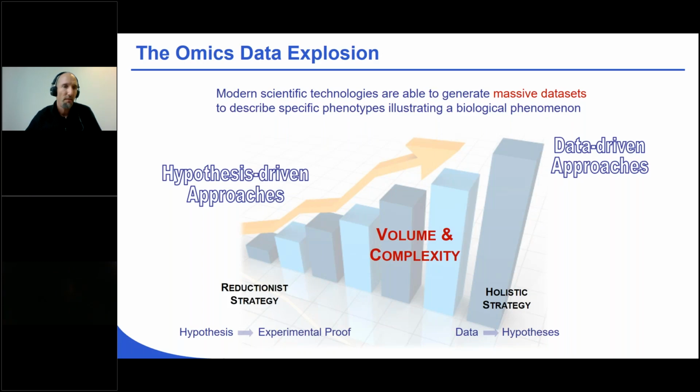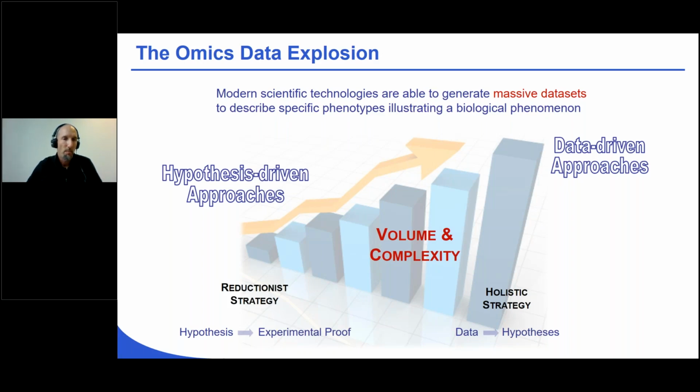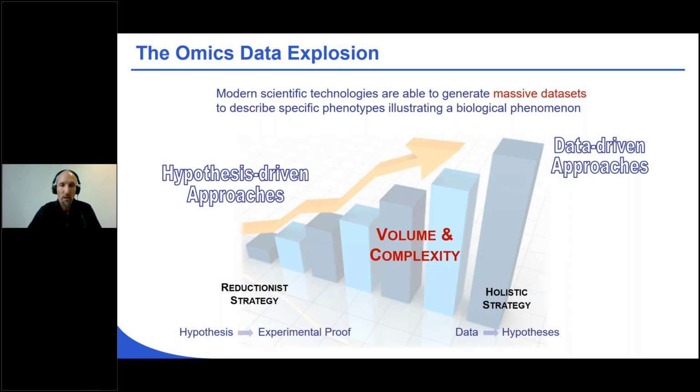Because on the left side of this slide, you can see, let's call it, the traditional classical approach that starts with information collected from the literature and the prior knowledge in your lab, and based on a hypothesis-driven approach, you will try to bring experimental proof to a quite targeted question, which can be seen as a kind of reduction strategy, because you really target one question and you give one answer.